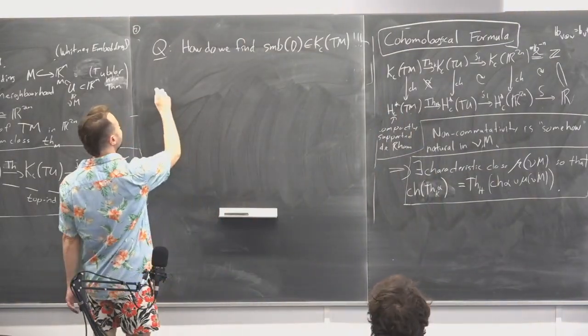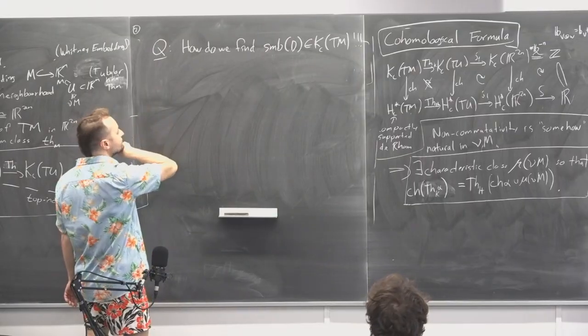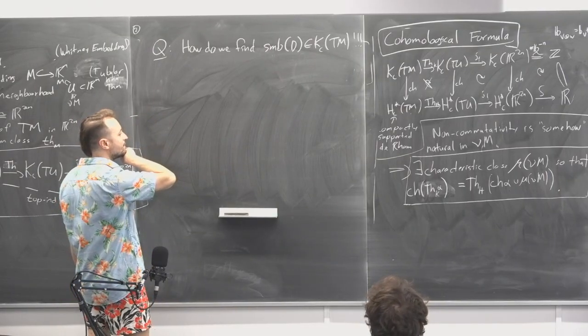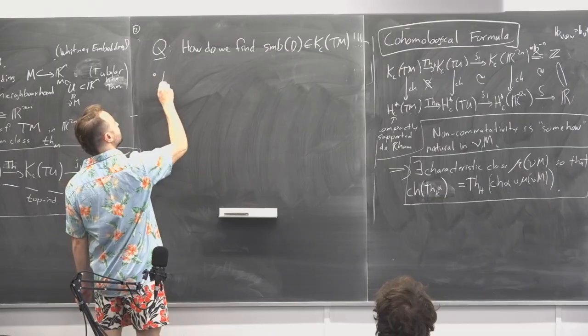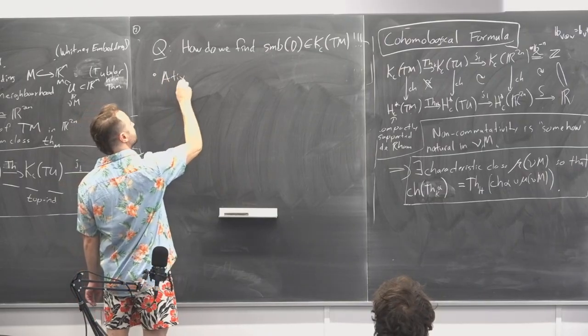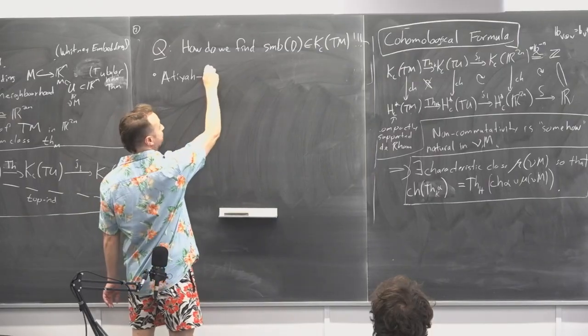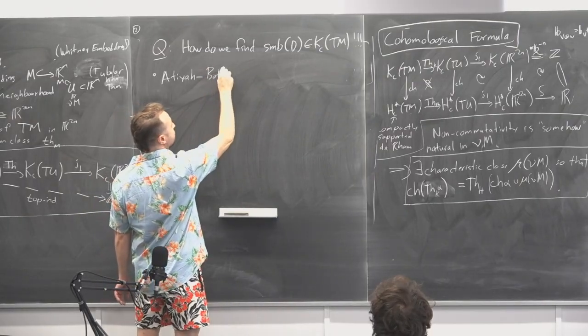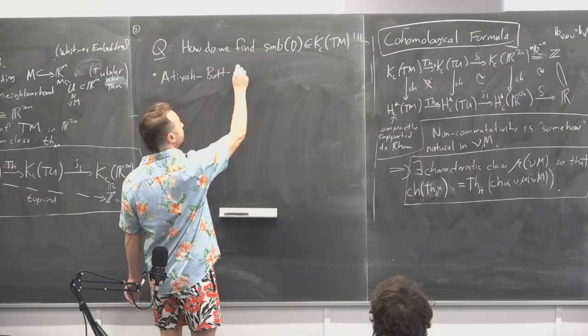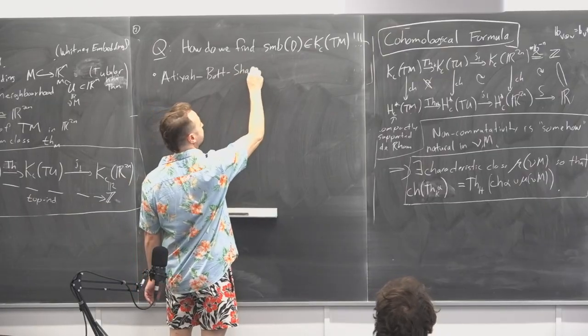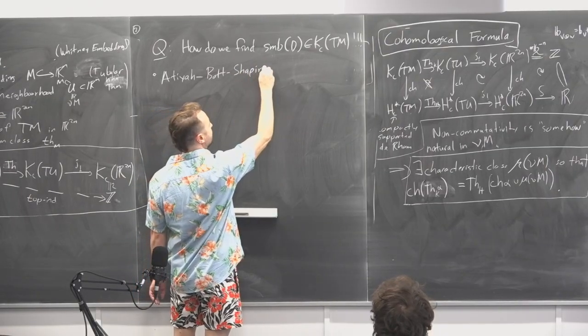I'll just say buzzwords. There's a thing called the Atiyah-Bott-Shapiro construction. After Bott proved Bott periodicity, a couple of years later they came up with a purely algebraic reformulation of it.